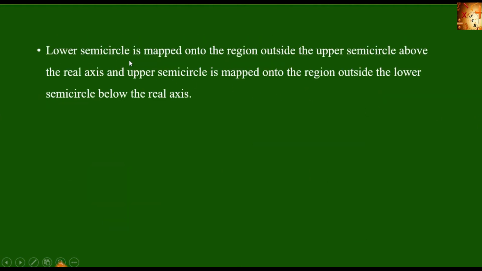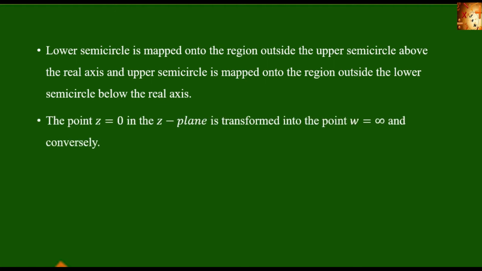Similarly, the lower semicircle is mapped onto the region outside the upper semicircle in the W plane, and the upper semicircle is mapped onto the region outside the lower semicircle below the real axis. This is also proved by taking some points from the semicircle and outside the semicircle.